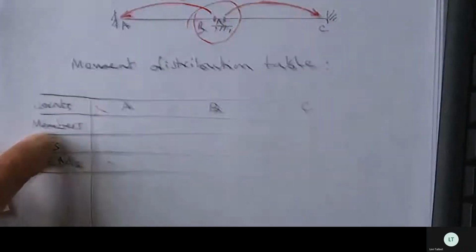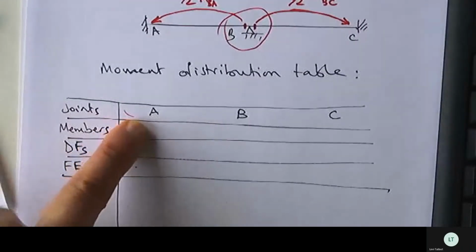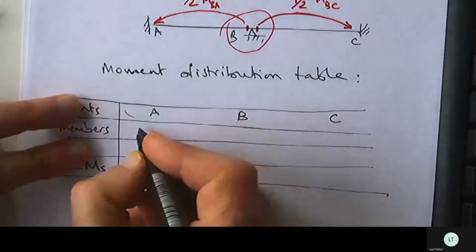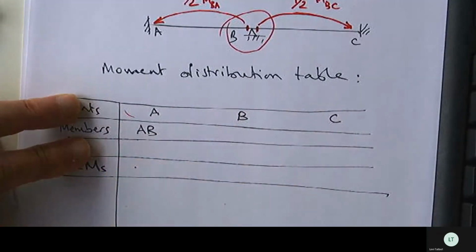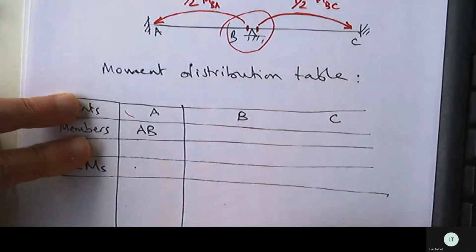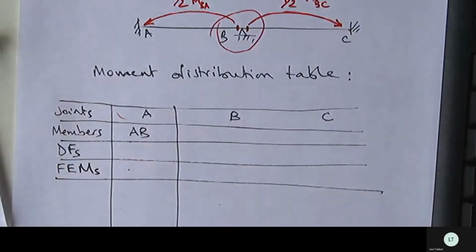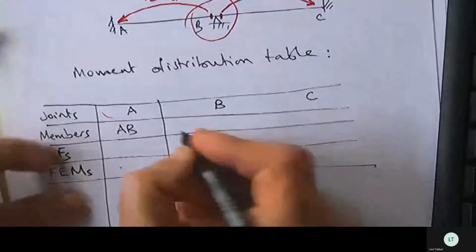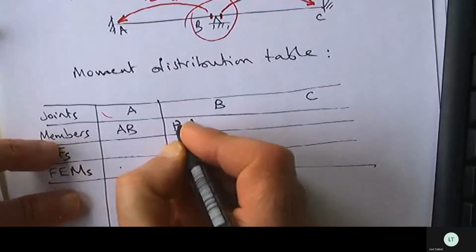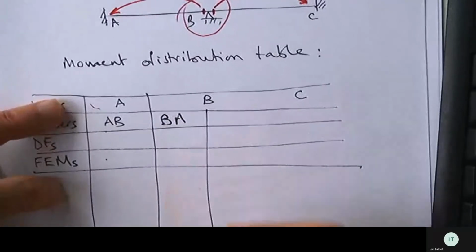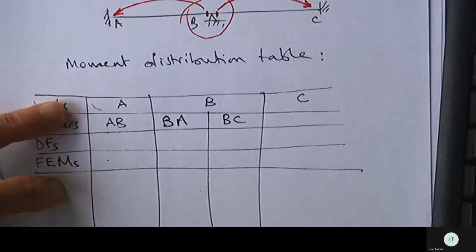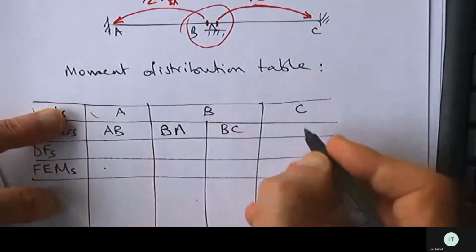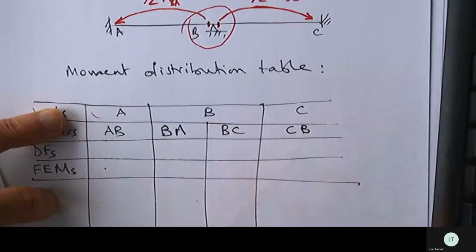How many members are connected to A? 1. Do you agree? It's AB. Good. How many members are connected to B? BA and BC. Thank you. And finally, we have 1 member connected at C, and that's member CB.